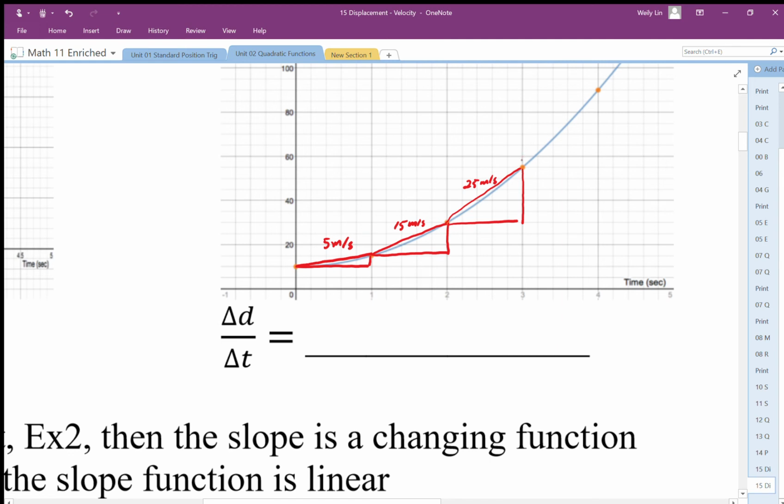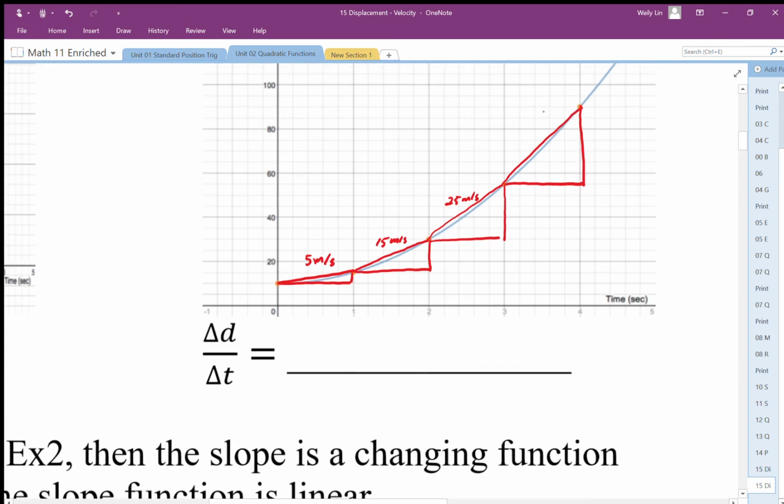So I'm going to predict that this next slope segment is going to be 35 meters per second. If there's 1 second there, go 1, 2, 3, 4, 5, 6, 7. Yes, it's 35 meters in that 1 second.